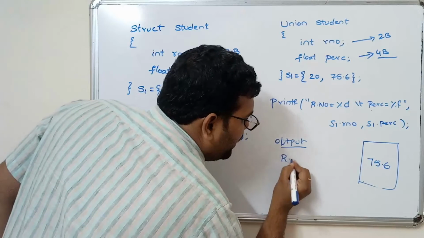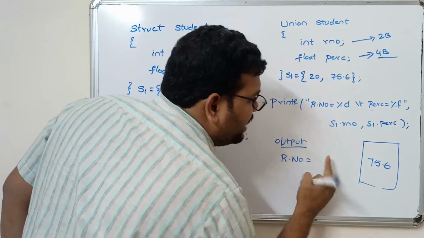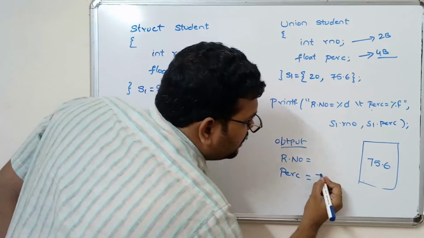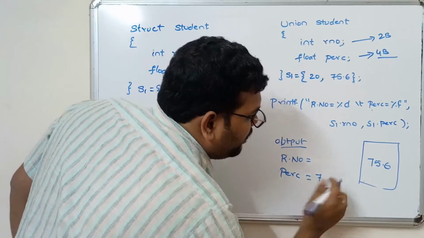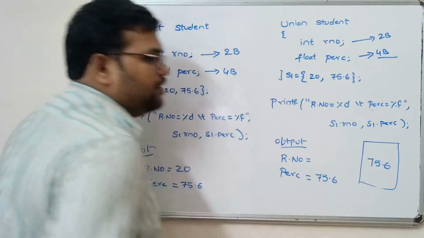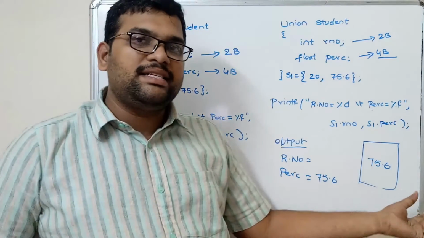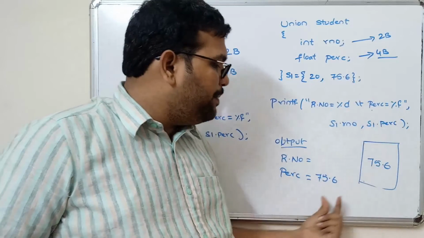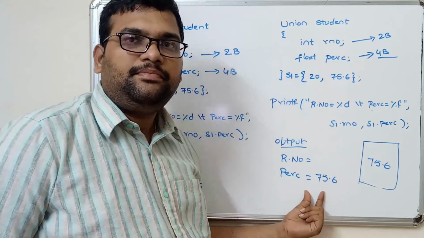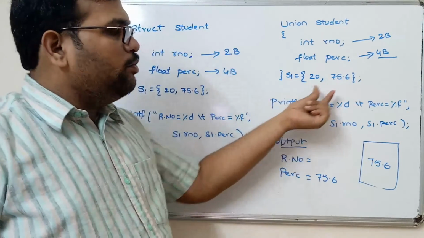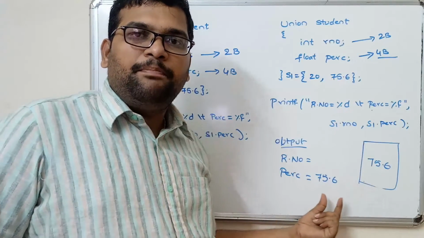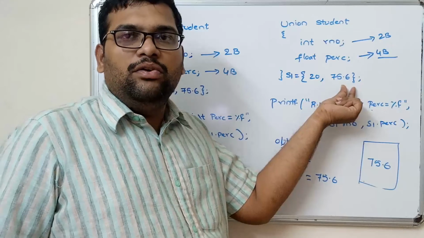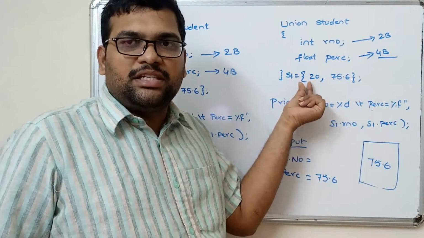So the output will be roll number is equal to null and percentage is equal to 75.6. So whatever value we recently assigned in the union variable, that value will be printed on the screen. So at a time only one value will be printed on the screen.